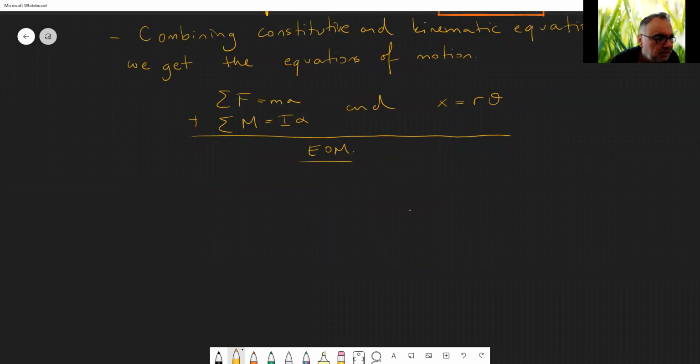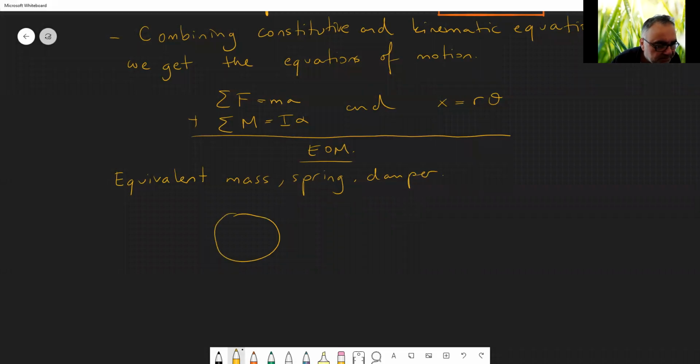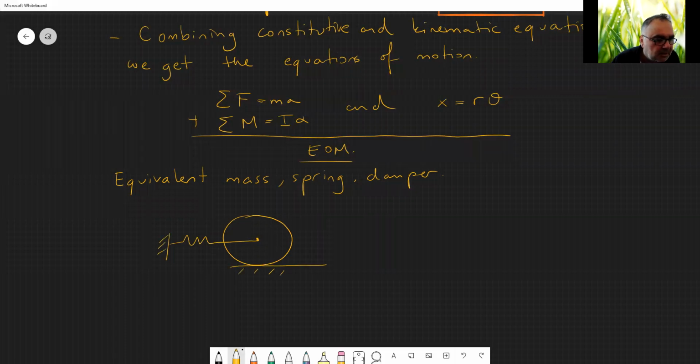Another thing we should look at is the equivalent quantities, let's say masses, springs, dampers, etc. Let's say that you have again, supposedly, a circular disk that rotates without slip.